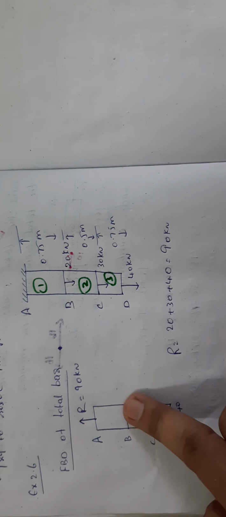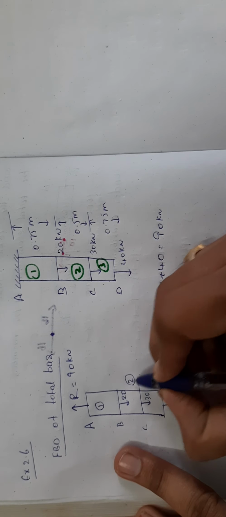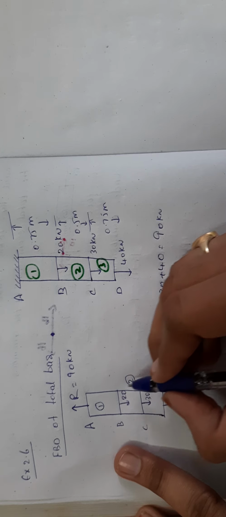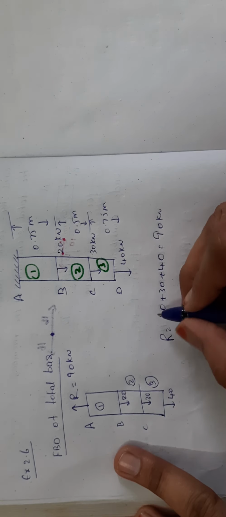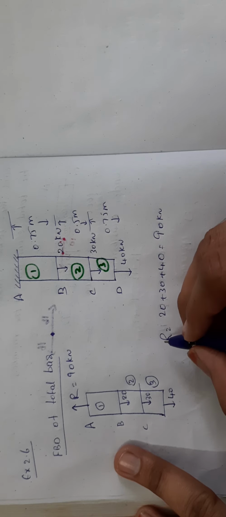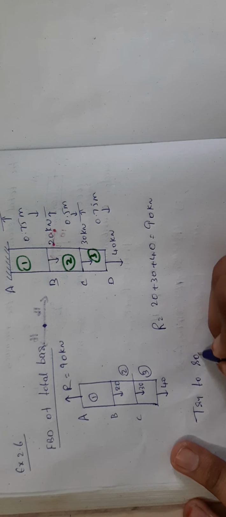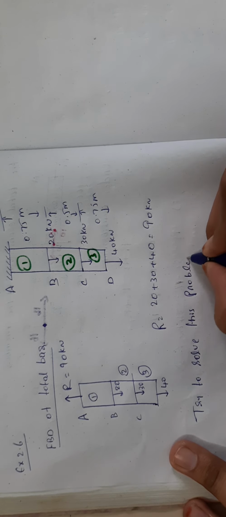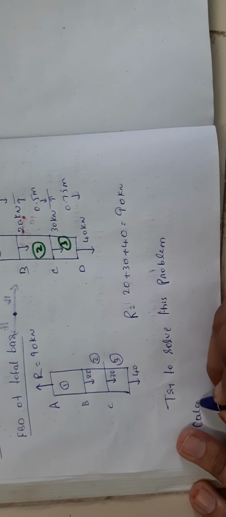Now remaining thing is same. Now you take the section 1 separately, section 2 separately, section 3 separately. You draw the free body diagram for section 1, section 2, section 3 separately, and you calculate the total extension of each member. Okay, so try to solve this also. You have to calculate total extension.